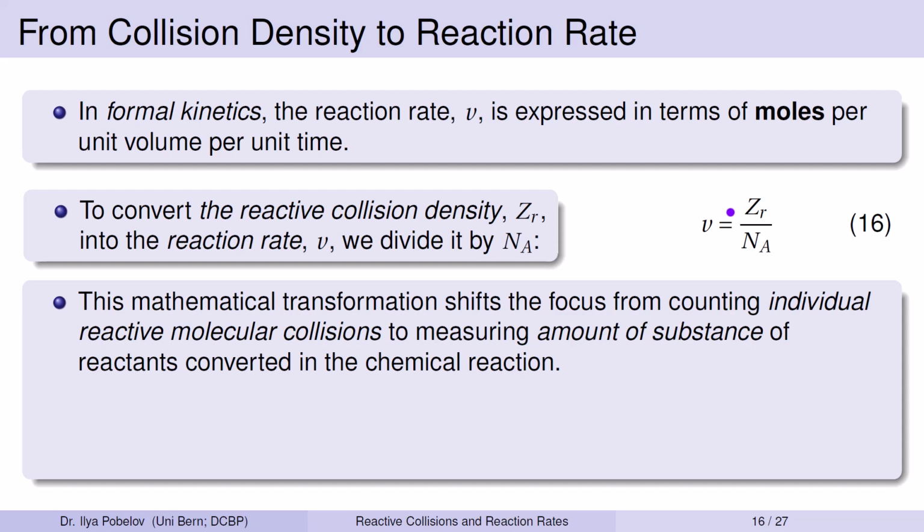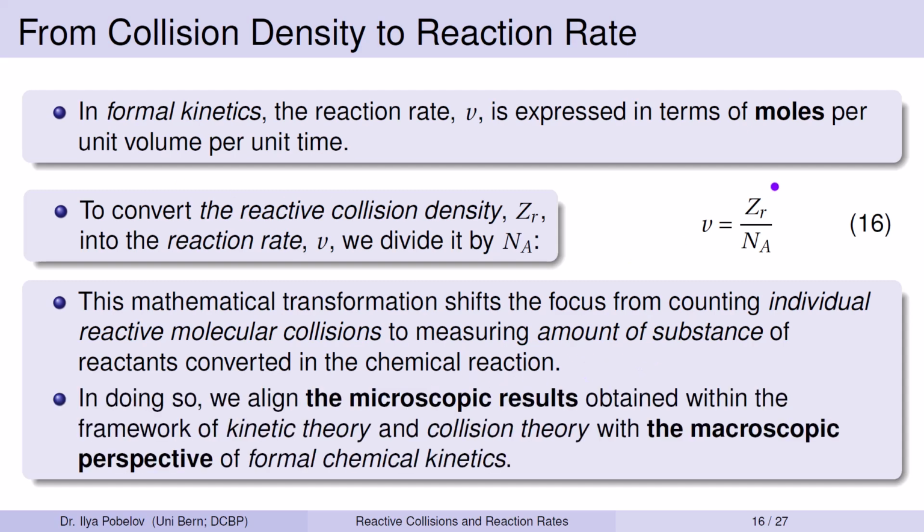This mathematical transformation shifts the focus from counting individual reactive molecular collisions to measuring amount of substance of reactants converted in the chemical reaction. In doing so, we align the microscopic results obtained within the framework of kinetic theory and collision theory with the macroscopic perspective of formal chemical kinetics.